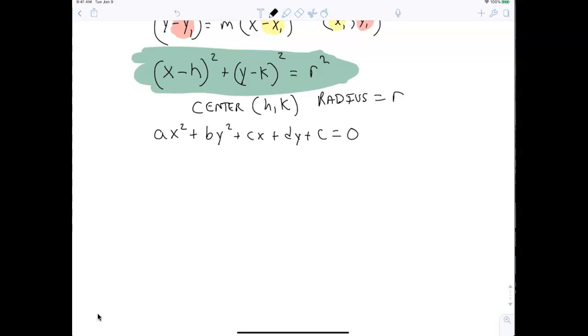Now notice in front of the x squared and the y squared, I made a mistake. Technically it shouldn't be a and b, because in a circle, the coefficients of the x squared and the y squared will always be the same. It's an ellipse, believe it or not, if the numbers in front of the x squared and the y squared are different. That's something you learn in Algebra 2 next year.